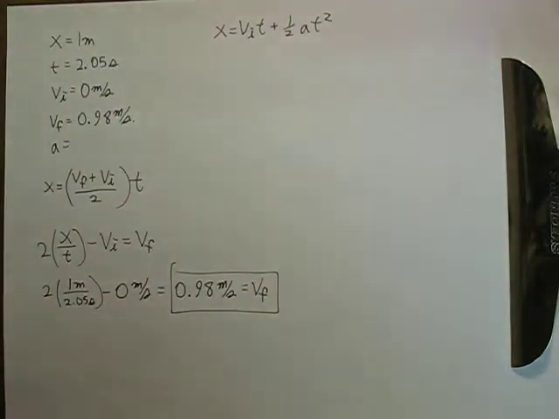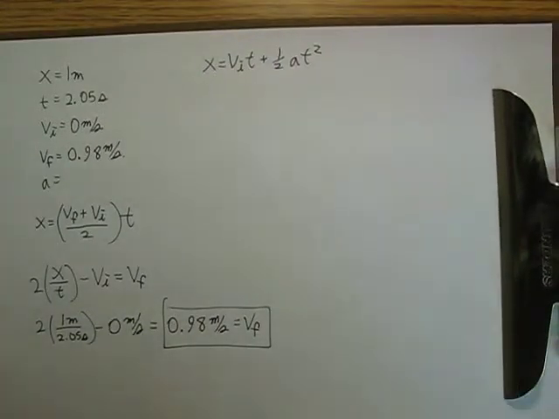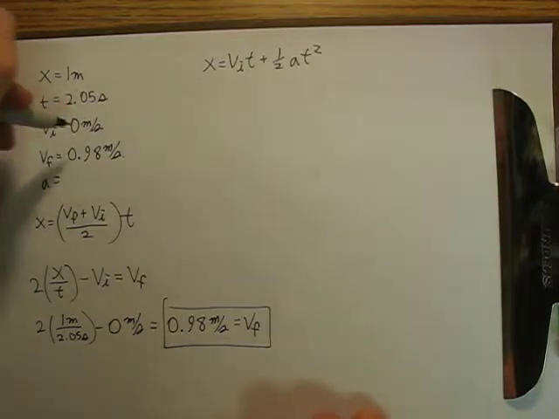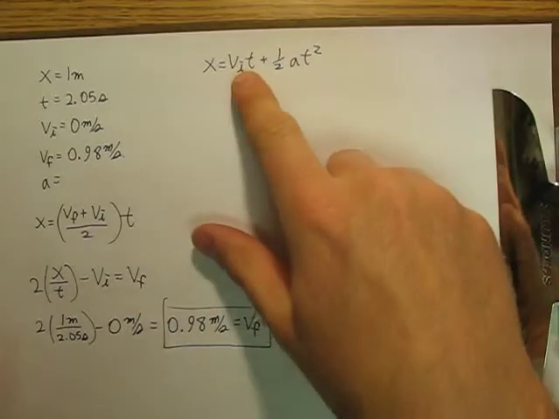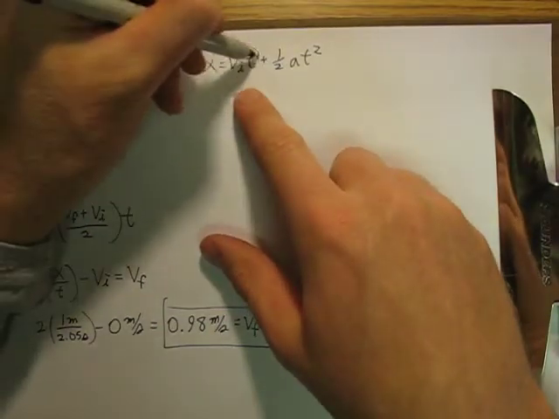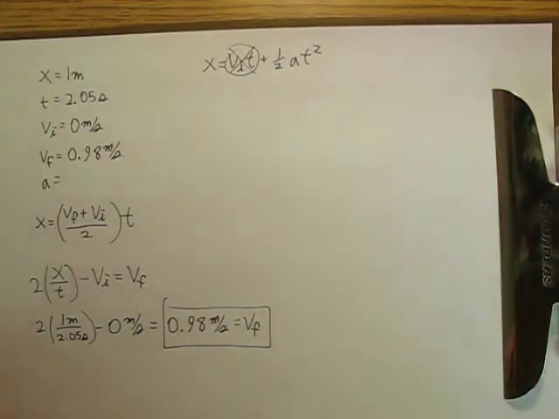Now take a second to rearrange that for A. But hang on, what's one simplification we can make before we rearrange it? The simplification is that because my VI equals 0, this term in the equation is going to go away for this specific problem.